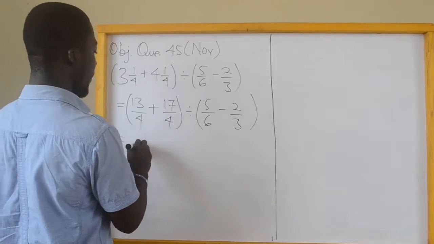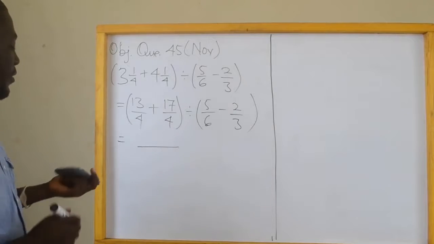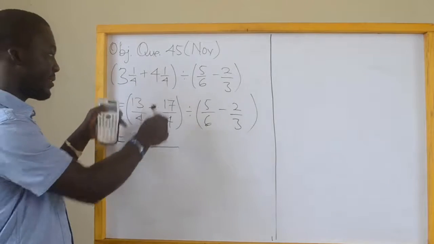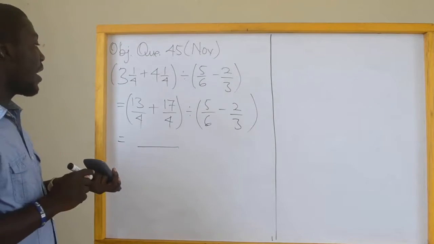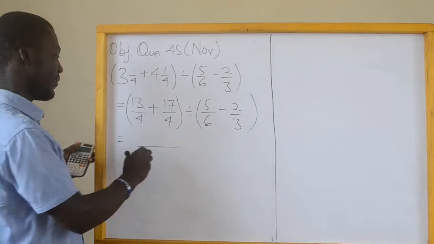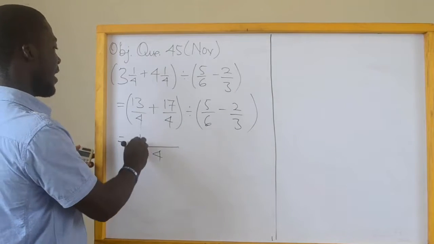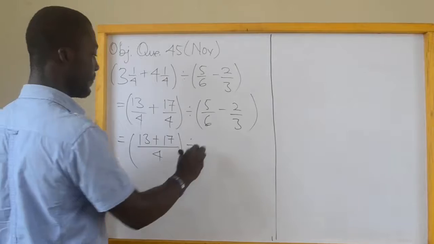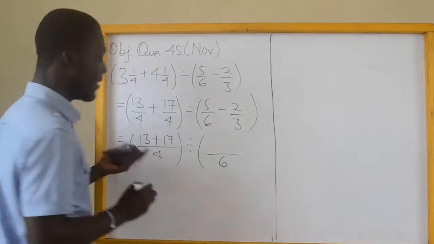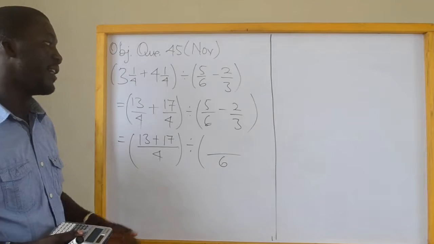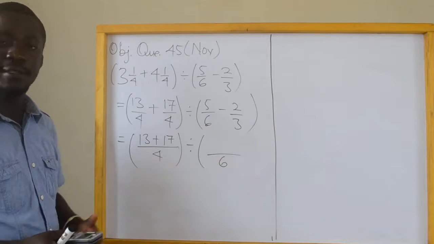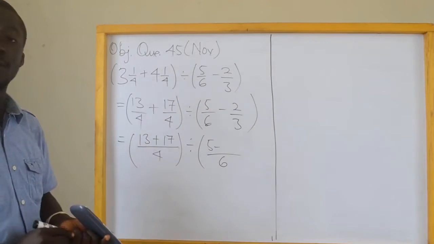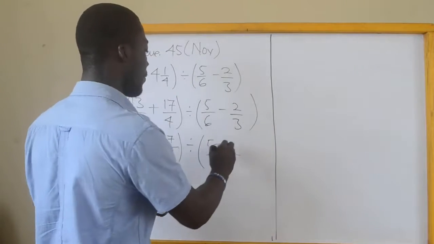Our next step, we are going to simplify the contents of the bracket. Since both terms in this bracket have the same denominator, we just write 1, then we add the numerators, divided by, for this place we find the least common denominator, which is 6. 6 into 6 is 1 times 5, which is 5, minus 3 goes into 6, 2 times 2 is 4.